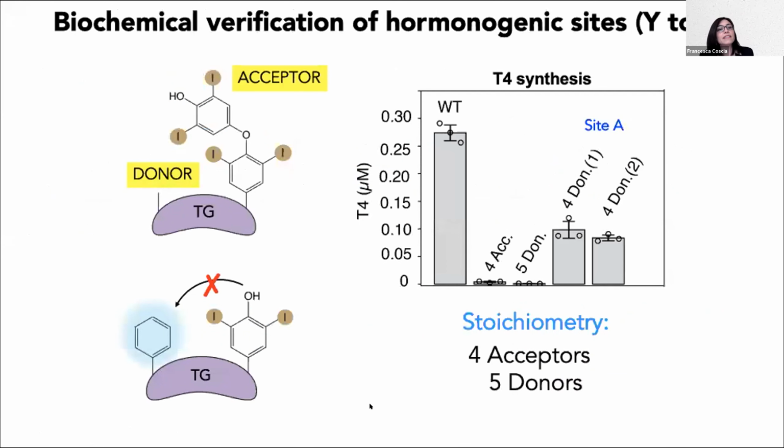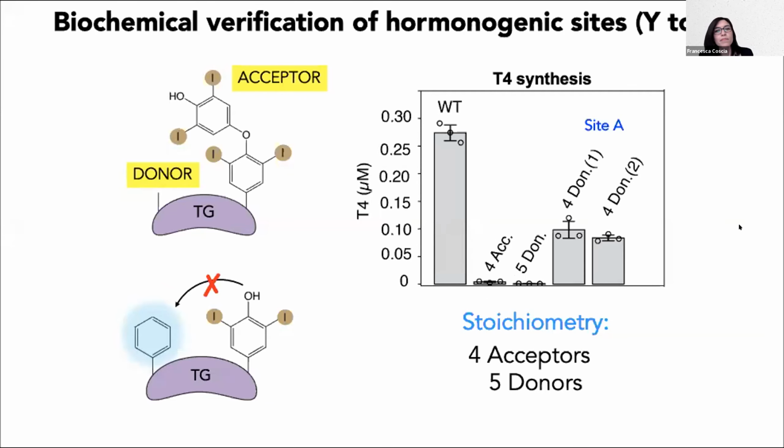We did this initially with T4, which is the major product. Here is the T4 formed by the wild type TG. If we mutate all the acceptors into phenylalanines, then the activity is completely suppressed, and similarly for the 5 donors. So there are no more than 4 acceptors and 5 donors.